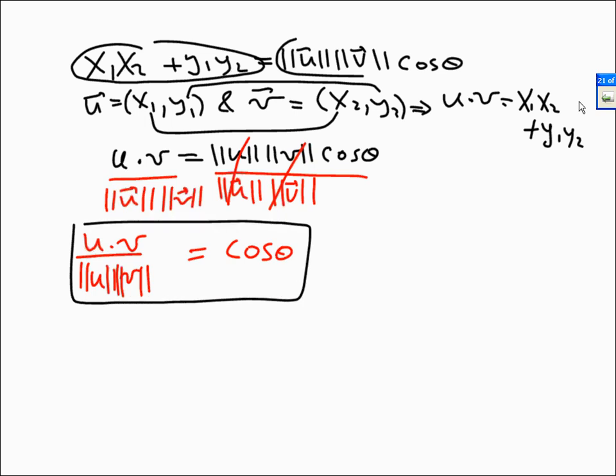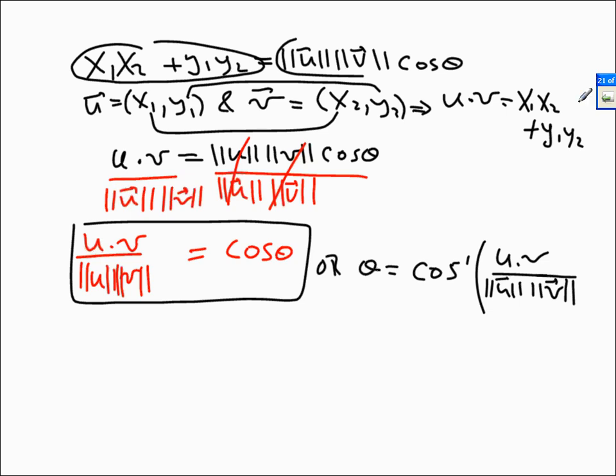So the cosine of theta is that formula, which is equivalent to theta is the cosine inverse of u dot v over the length of u times the length of v. Yes, you have to remember inverse trig functions. Okay?